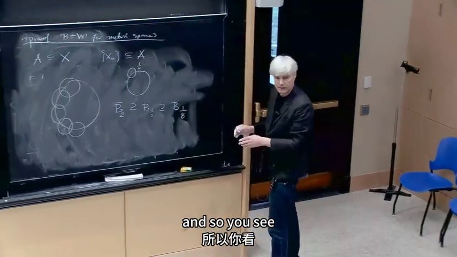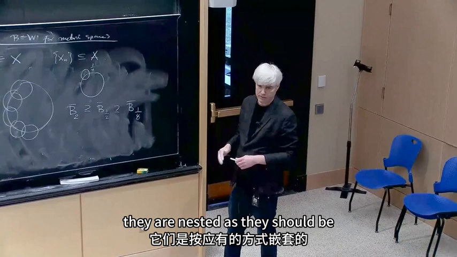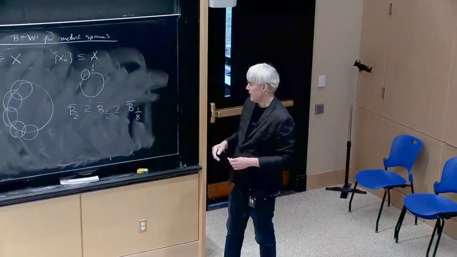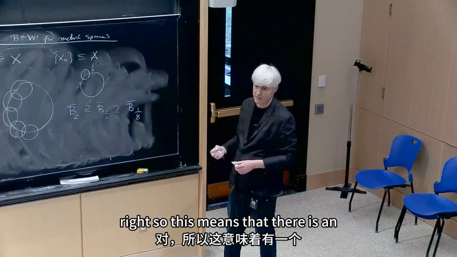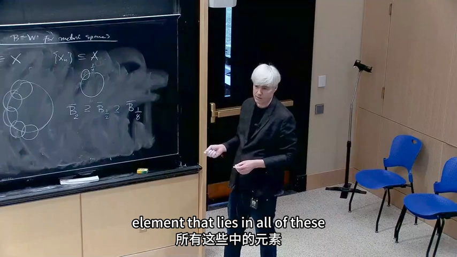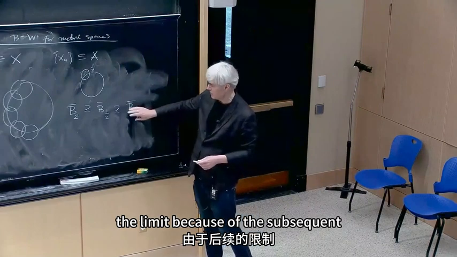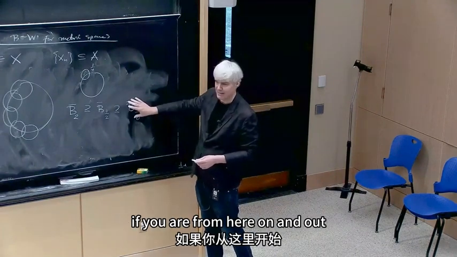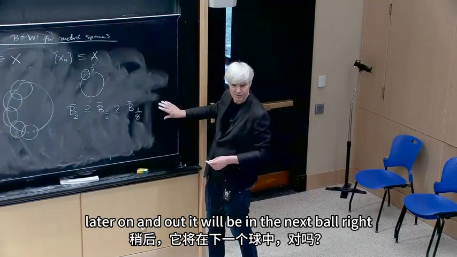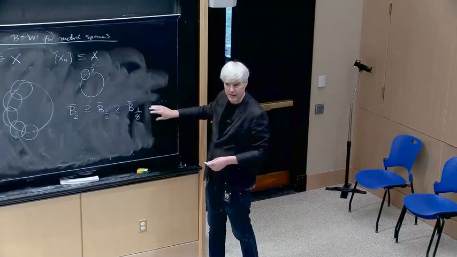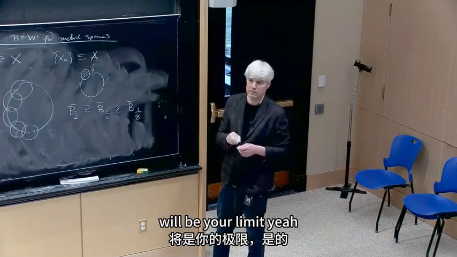And so you see that these closed balls are nested as they should be, and the radii go to 0. So this means that there is an element that lies in all of these, and that is now the limit. Because of the subsequence, from here on out it would be in that ball, and from later on it would be in the next ball, right? So the intersection of all of these balls will be your limit.